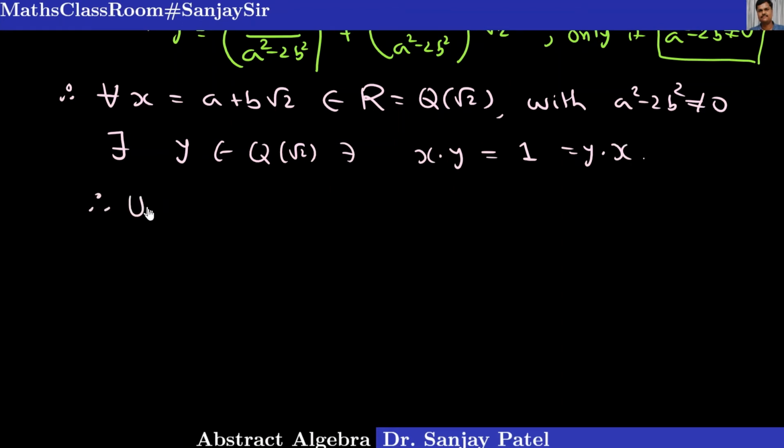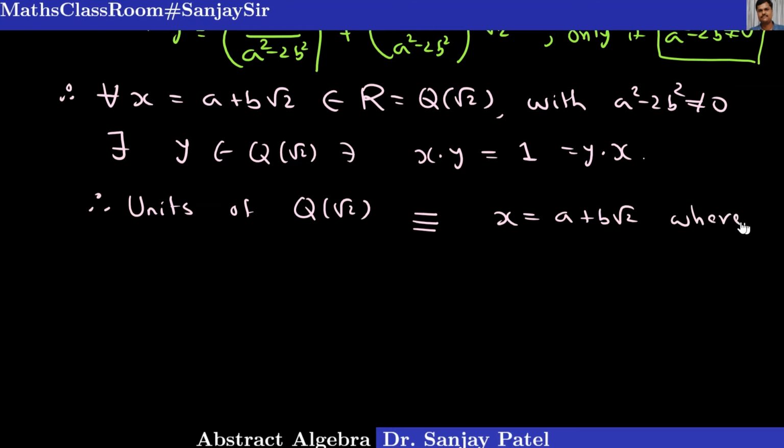So units of the ring Q root 2 are the numbers of the type x equal to a plus b root 2, where a square minus 2b square is not equal to 0. So these are the numbers in the ring. This is the necessary condition, not equal to 0. Okay, so we have found all the units also.